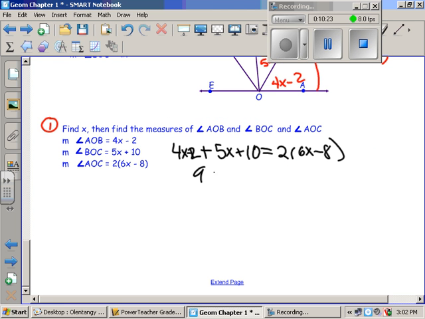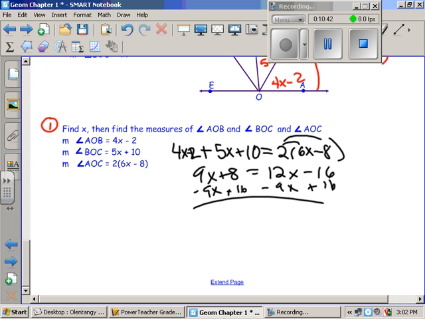So I get 9x plus 8, distribute, equals 12x minus 16. Add 16 to both sides, subtract 9x from both sides. And I get 24 is equal to 3x, divided by 3. And I get x is 8.